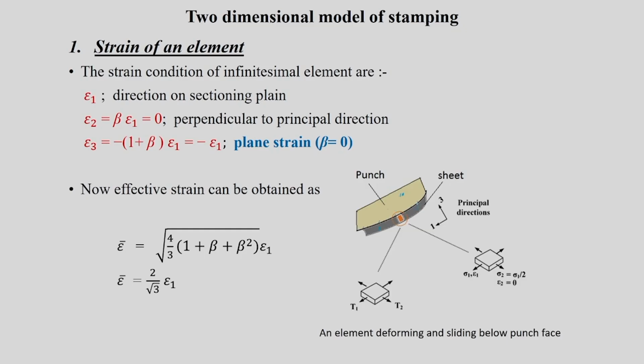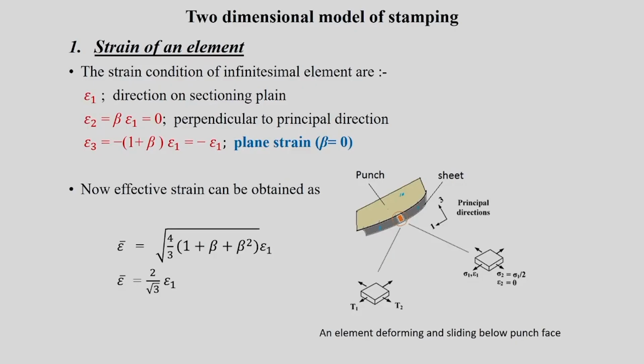The gray one is the part of the sheet below the rigid punch, which is getting stretched, getting stamped. The strains and states of stress of that element are shown here, along with the directions. Along the sheet we call it 1, perpendicular to that is 3, and perpendicular to the plane is 2.